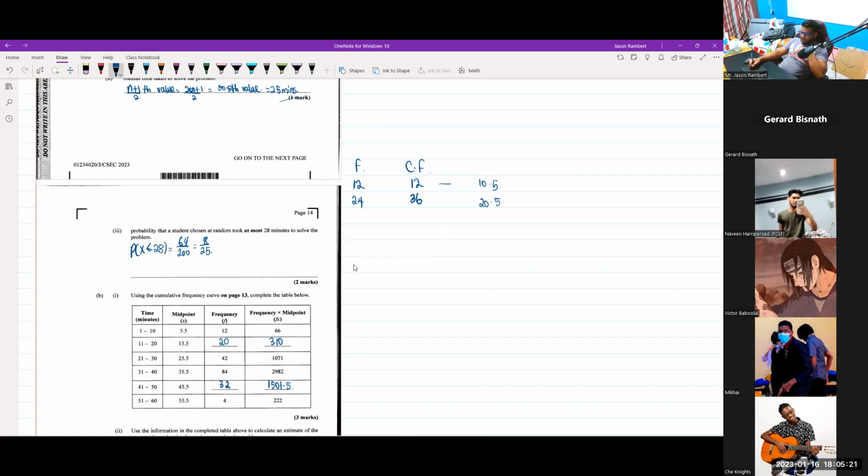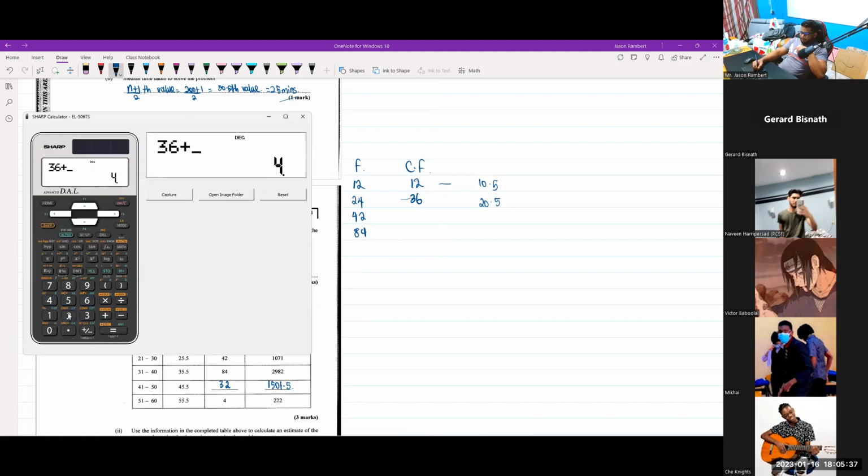Going down the frequency table, 42, 84. 36 plus 42 is, for the next cumulative frequency, 78. And 78 plus 84 is for the next cumulative frequency.